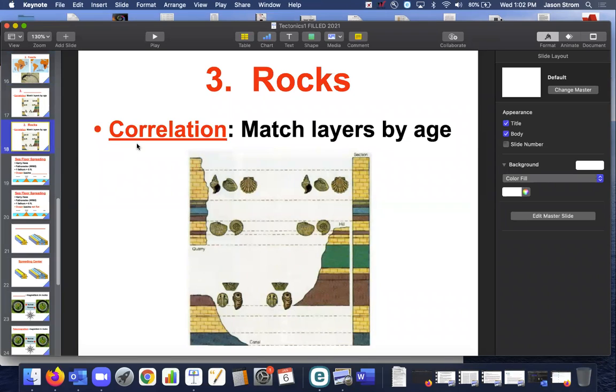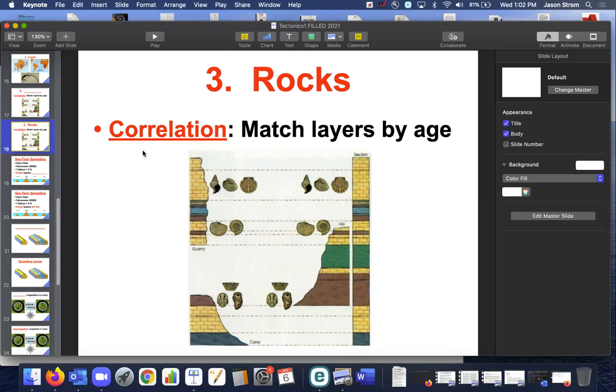So he used something called correlation, where anytime something correlates with something else, it matches up with something else. So using rocks and rock layers, you can correlate. You kind of build a picture of all the layers of rock and how they formed.